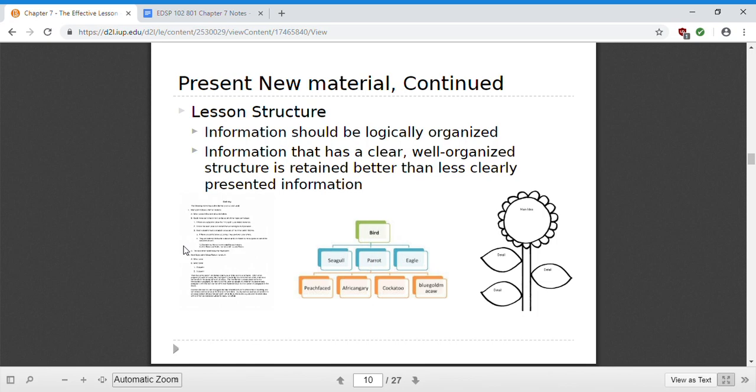Alternately, you can have your students make their own outline of the material. You could give them advance organizers or otherwise give them some kind of hierarchical organization of the information so that they're able to make sense of it and make those connections as to what is important, why it's important, and what it links to.